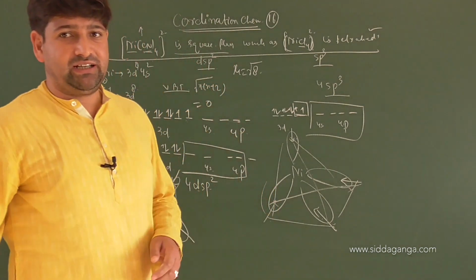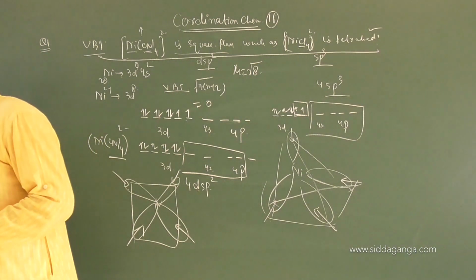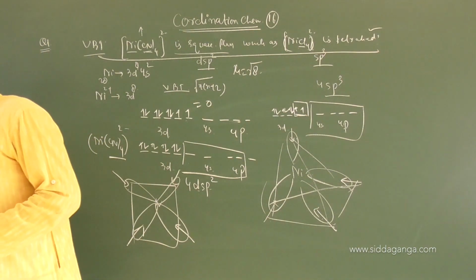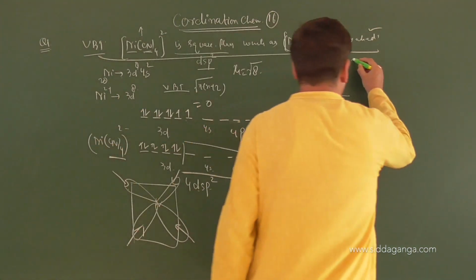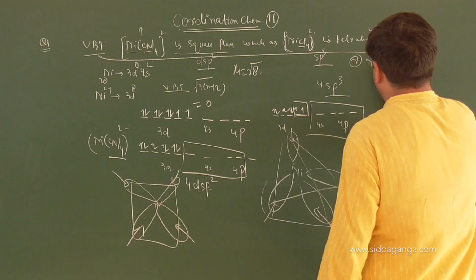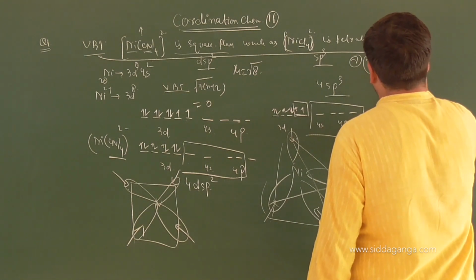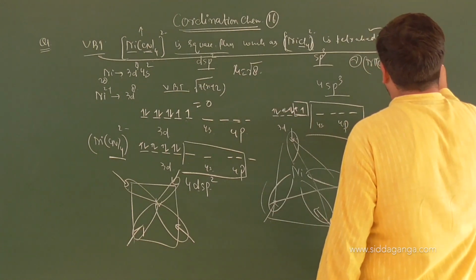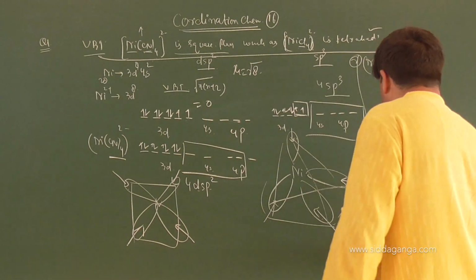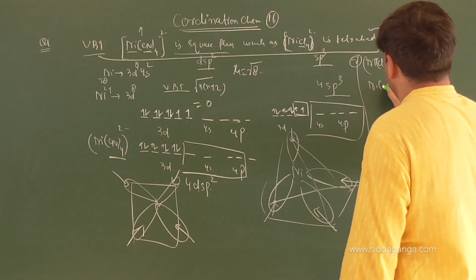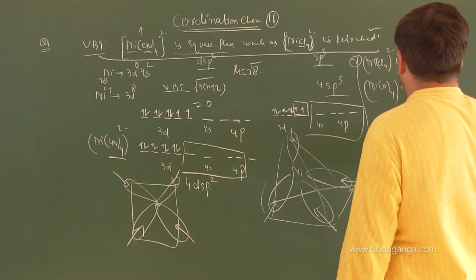Clear? Answer done? Yes. Let us see the next question. Children, the next question I am asking you is a textbook question, question number 2: NiCl4 2 minus is paramagnetic, while Ni(CO)4 is diamagnetic.